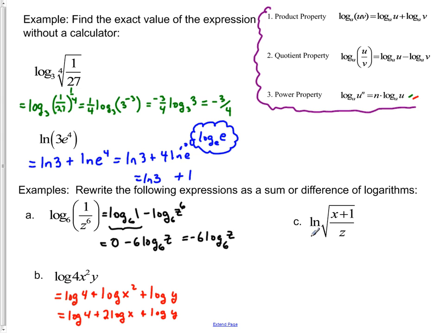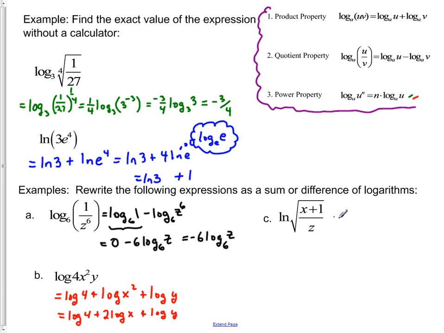Okay, one more here. Let's try this natural log thing. Well, we notice that we've got this radical out here, and this is where we need a little bit of skill in rewriting radicals in terms of exponents. So let's rewrite it once.